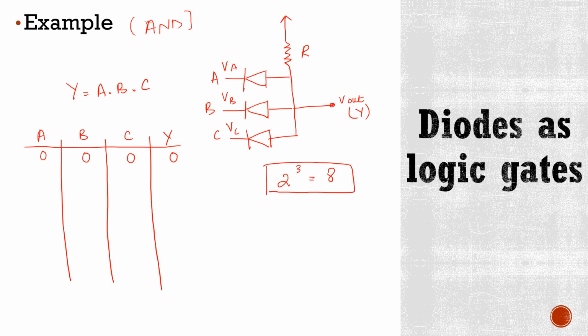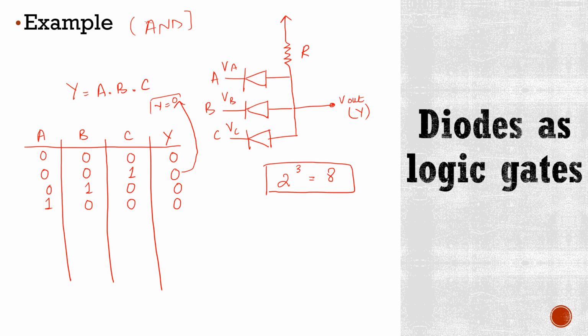If input C is on, B is off, A is off, then again output is off, because if we put these values in this equation, we get Y is equal to 0. And if input B is on, C is off, A is off, then again output is off. If input A is on, B is off, C is off, then output is off.